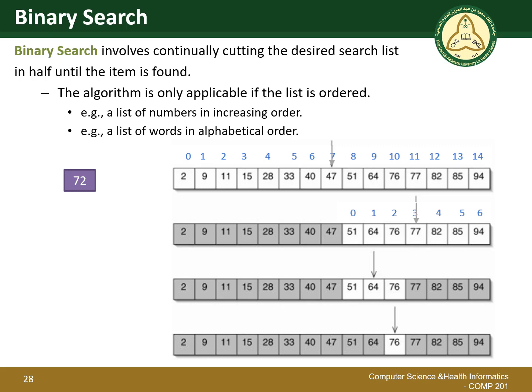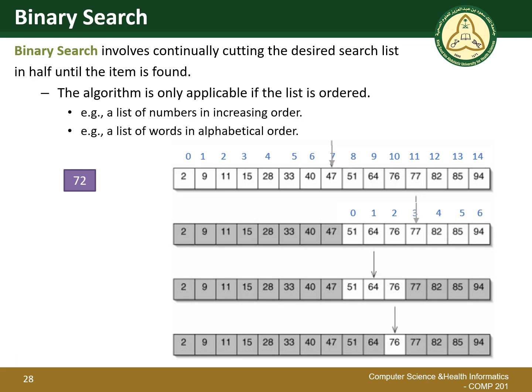The middle point here is at index 7, which is 47. The middle point is less than the item we are looking for, so the item has to be in the right side of the list. The item is greater.